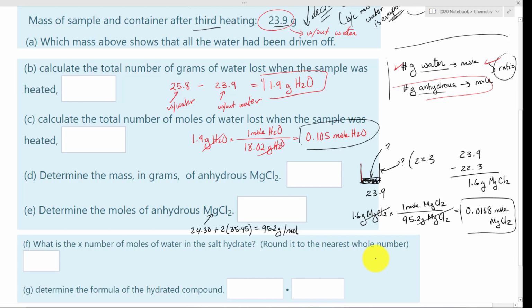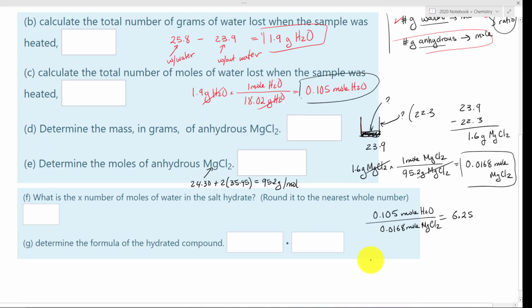In this case, we have 0.105 moles of H2O, divided by 0.0168 mole of MgCl2. And that turned out to be 6.25.